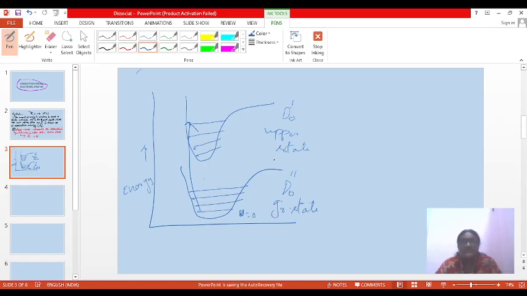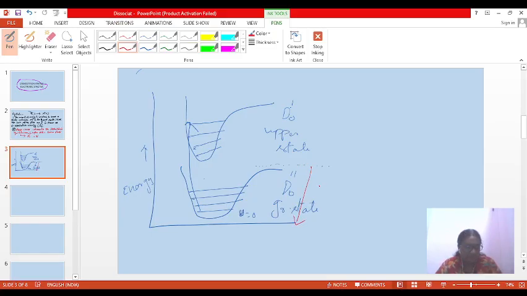See, this is the level of energy against internuclear distance. This parabola curve is up to the ground state.